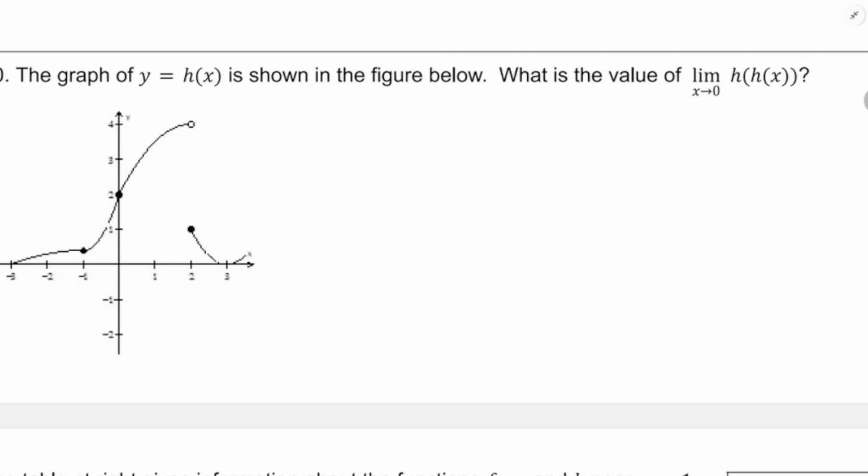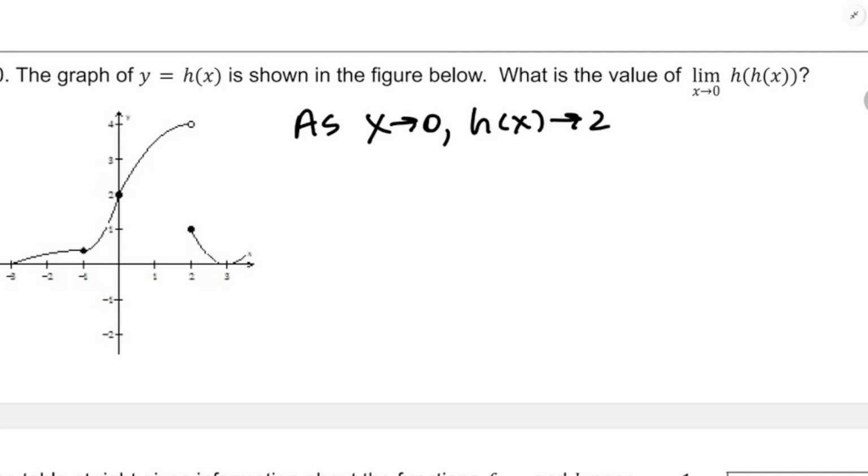Okay, so what is the value as x approaches 0 of h of x? Oh yeah, this one was particularly tricky, I thought, when I saw it on the internet. As x approaches 0 from either side, h of x is approaching 2.